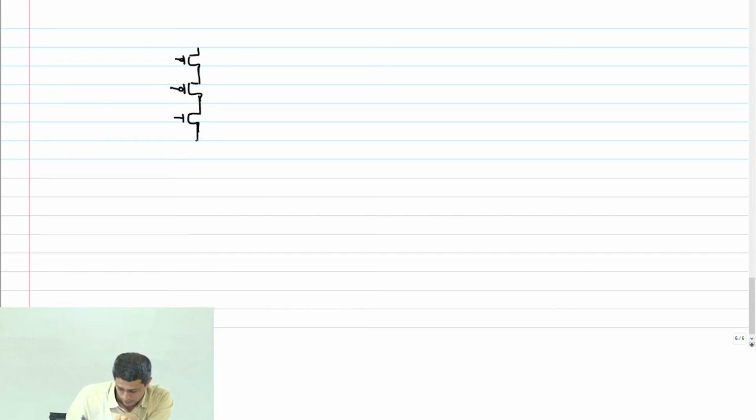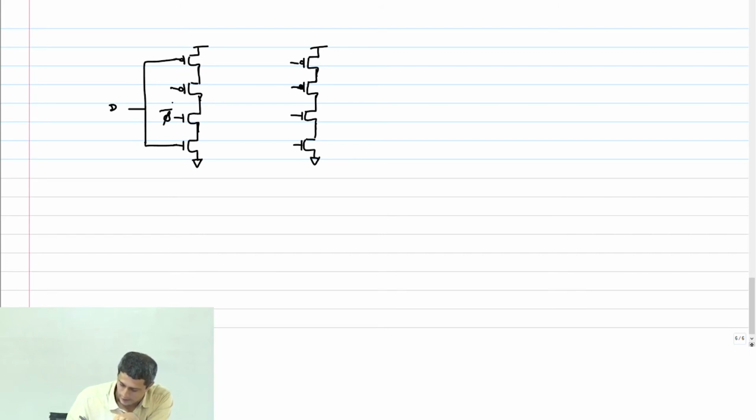Okay. So now we will look at a configuration which is very interesting from the perspective of clock overlap. This is going to be my D. This is phi bar, phi.